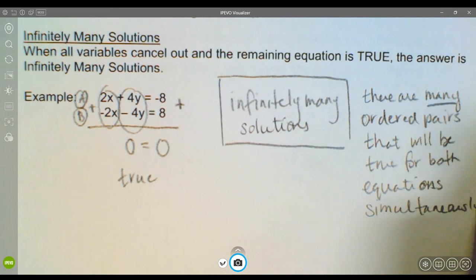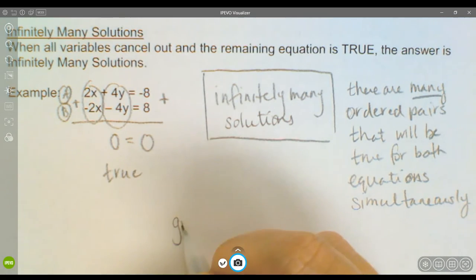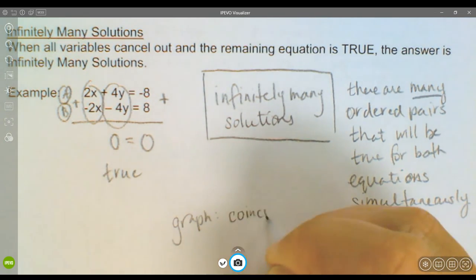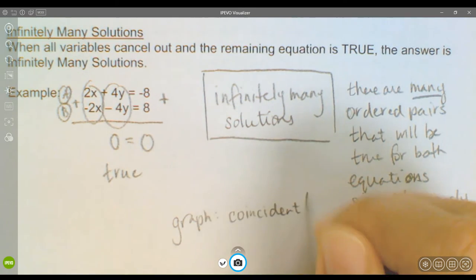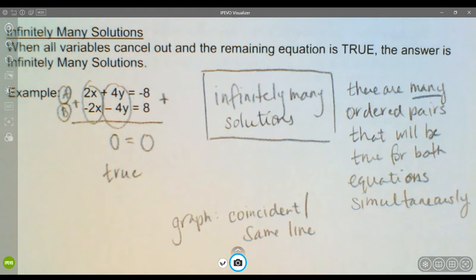Remember, that's just fancy for at the same time. And this graph will have, they call them coincident lines. They're just the same line. They're just traced on top of each other whenever you graph them.